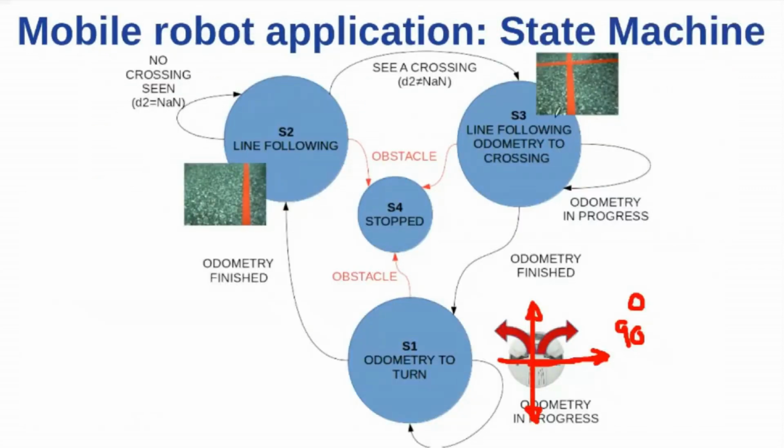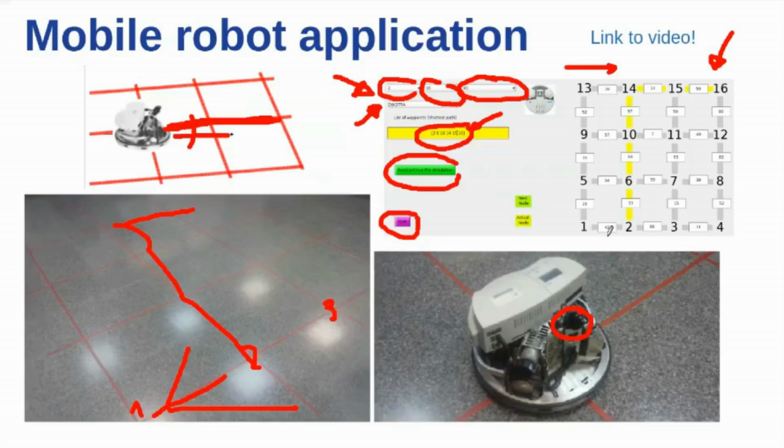But you must not be worried about this. This is only an explanation on how the application, the mobile robot works, right? So you have nothing to do on that. This state machine will give you all the needed information in order to update this graphical user interface, right?